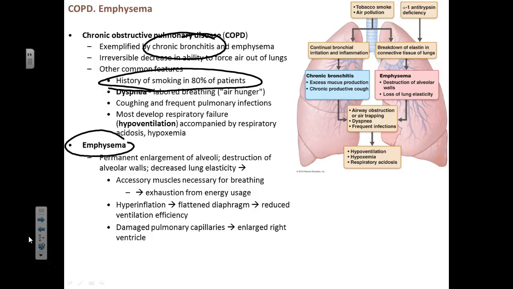So in chronic inflammation of the respiratory passages, the amount of mucus that is produced increases, right? And that clogs up the airways, and that leads to hypoventilation, hypoxemia, and acidosis, inability to exhale enough CO2.